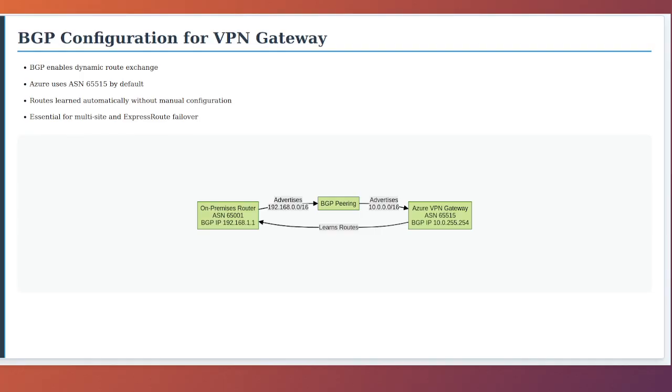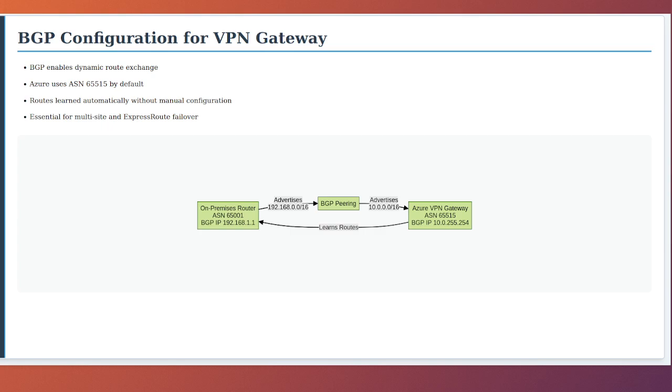BGP operates through a peering relationship between routers, where each router is identified by an autonomous system number, or ASN. In Azure VPN Gateway context, Azure uses ASN 65515 by default for VPN gateways, though you can specify a custom ASN during gateway creation.